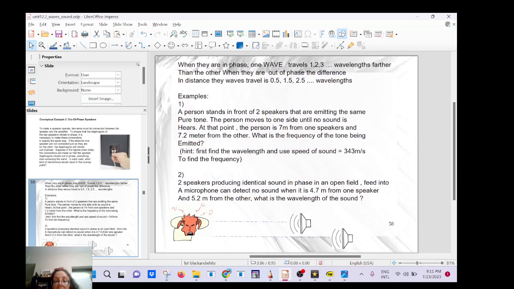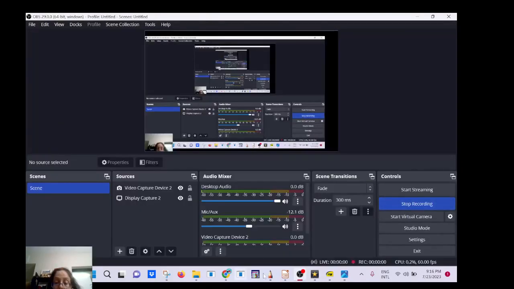If they are in phase, the difference between this distance here minus this distance here will be equal to 1 wavelength, 2 times the wavelength, 3 times the wavelength, and so forth. But if it is half the wavelength, 1.5 the wavelength, 2.5 the wavelength, they destroy each other out.